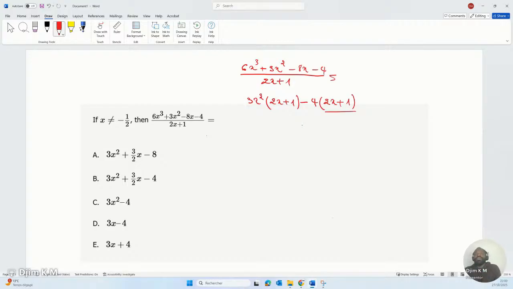So we can put 2x plus 1 as a factor here. Okay, squared minus 4 over 2x plus 1.